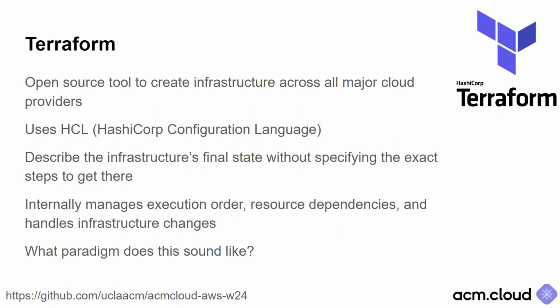It basically describes the infrastructure's final state without specifying the exact steps to get there. Internally, Terraform handles managing the execution order, all the resource dependencies, and handles any infrastructure changes that are needed in order to reach the configuration that we want. And so what paradigms is something?